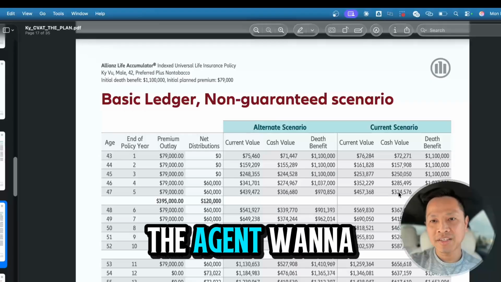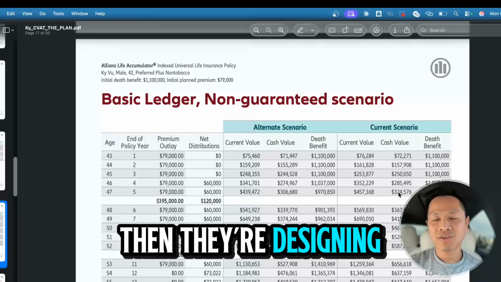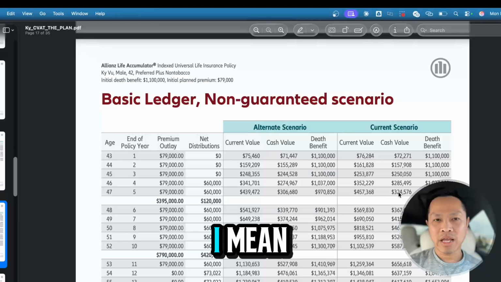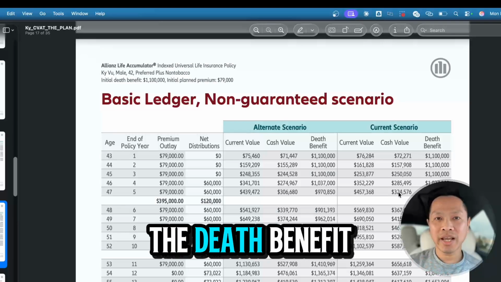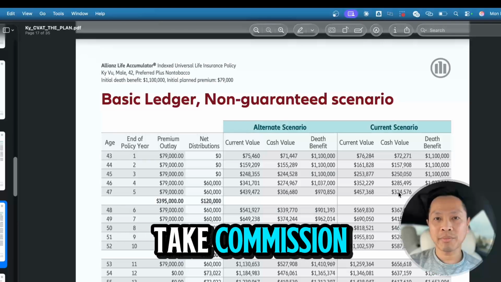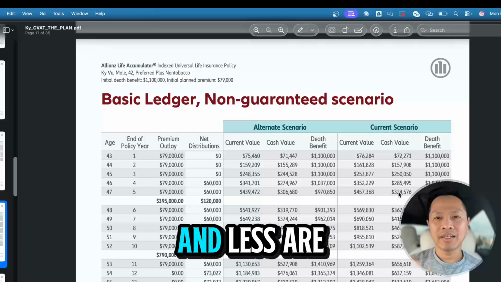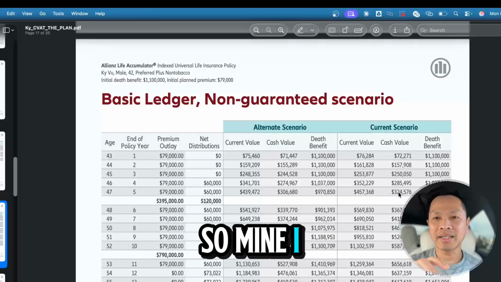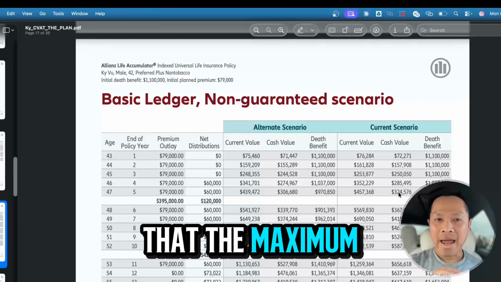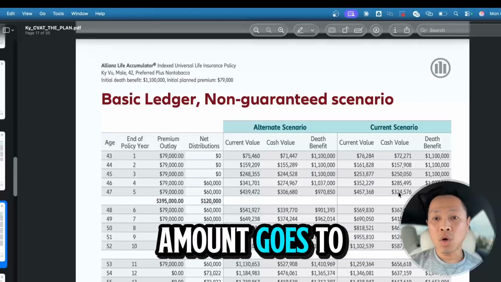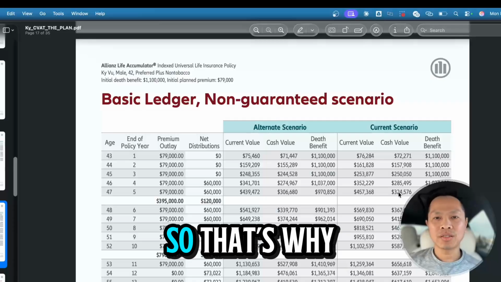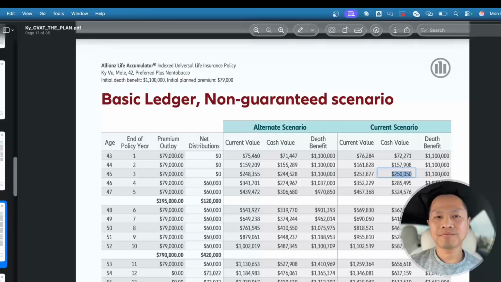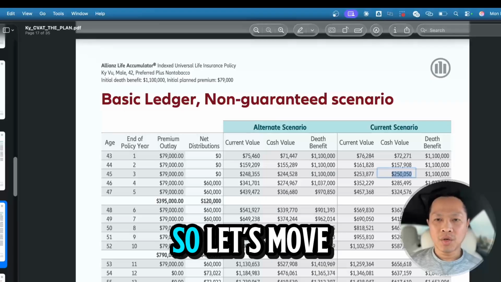If the agent wants more commission, then they design it for death benefit, putting in a very high death benefit. Most of the fees go to the death benefit, which goes to their commission, and less goes to your cash value. So mine, I designed it so that the maximum amount goes to my cash value. That's why you see on the 3rd year, it's already positive. So let's move on.